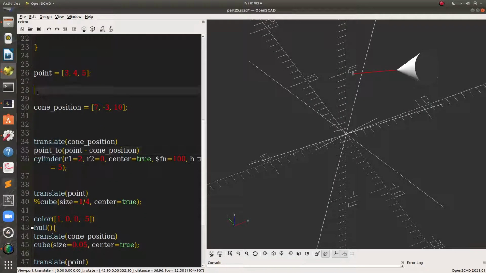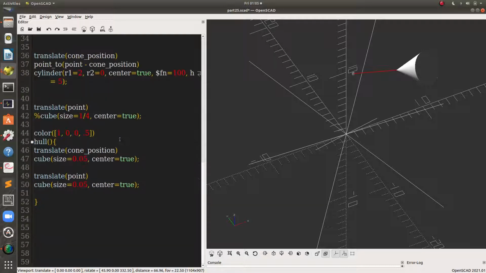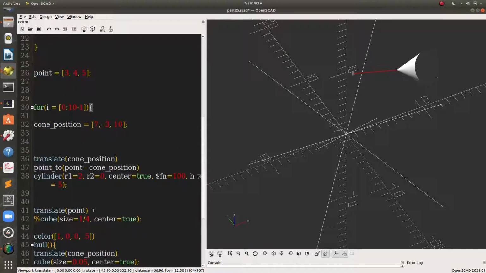This is really cool, not just if you have one, but let's do a bunch. So let's say 10. The cone position needs to change.